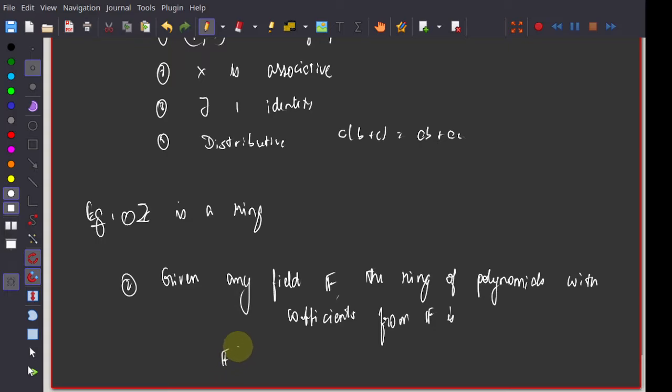We'll use F[x], with x within square brackets.